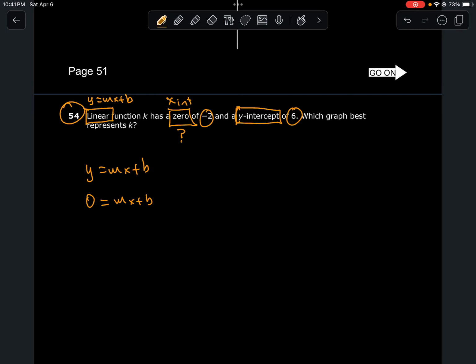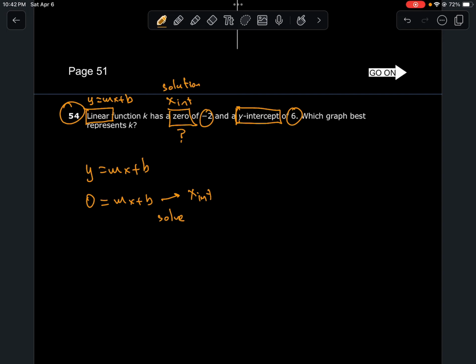And then you solve this equation, and you get the x-intercept. But because you set y equals to 0, sometimes the x-intercept is called a 0. Also, because you solve this equation to find the x-intercept, sometimes the x-intercept is also called the solution.